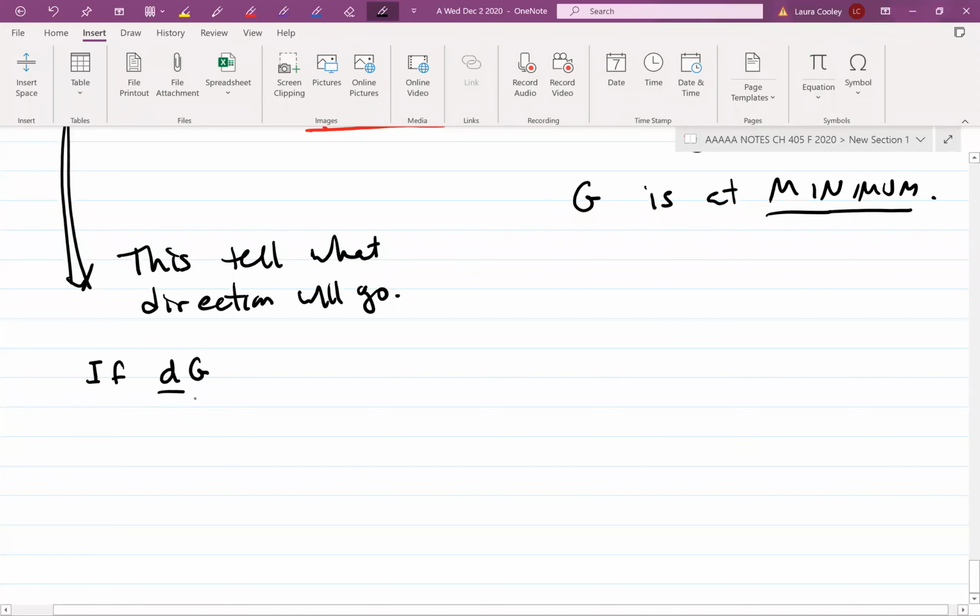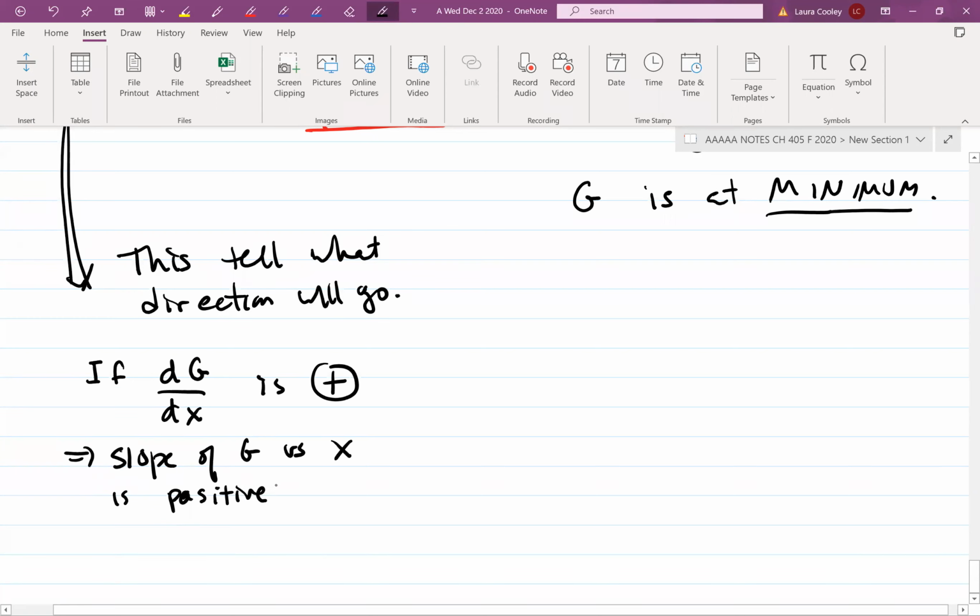If the derivative of G with respect to the extent of reaction is positive, that means that the slope of G versus X is positive. Now, I don't have to know anything about what that looks like. I'm going to show you what it looks like later, but I don't have to know anything about the shape of G versus X to know that at some point it has a positive slope like that.